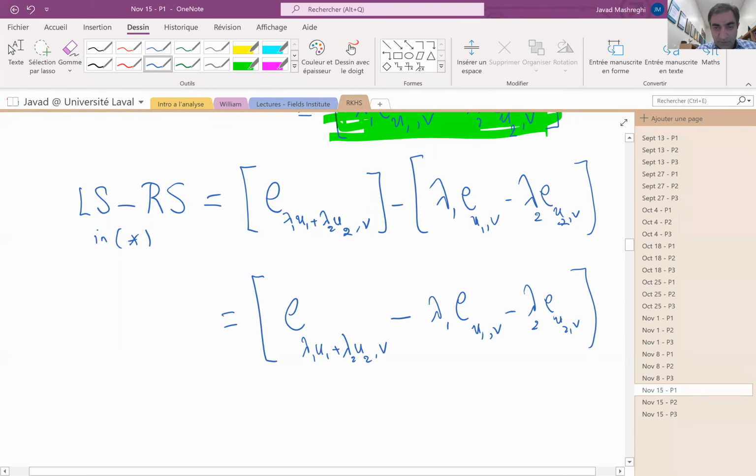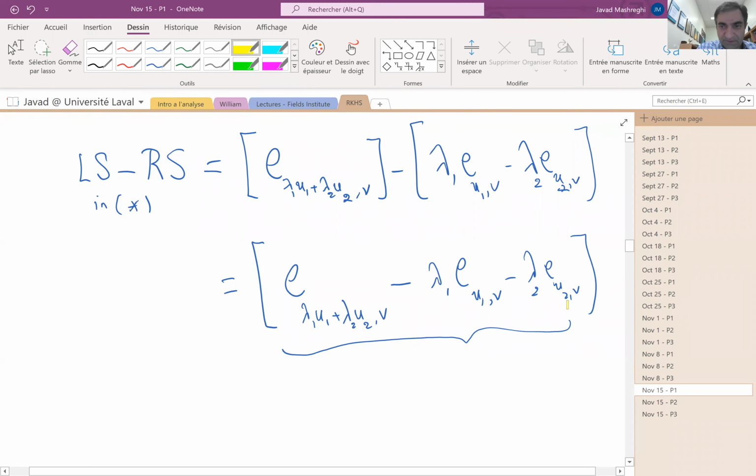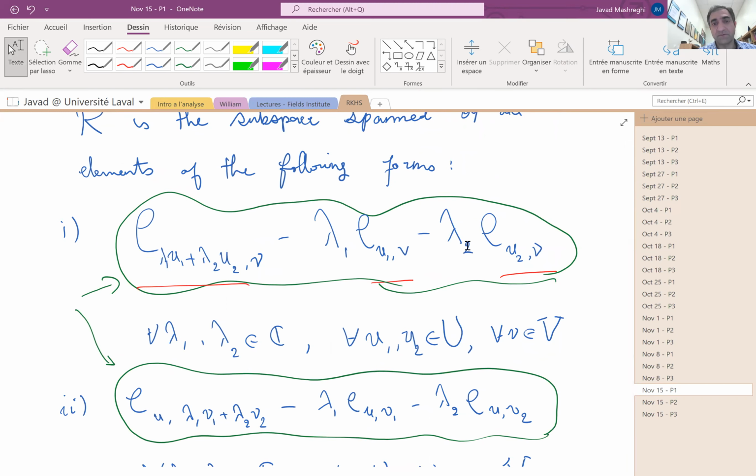And now look at this element, the whole element, all of this. It's an X, but come here. What is my assumption? Here it is. Number one, R is created by the span of all of the elements of the following forms.